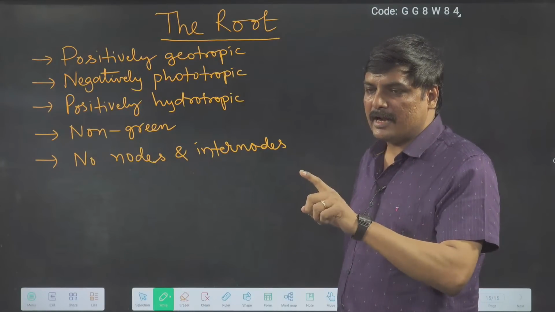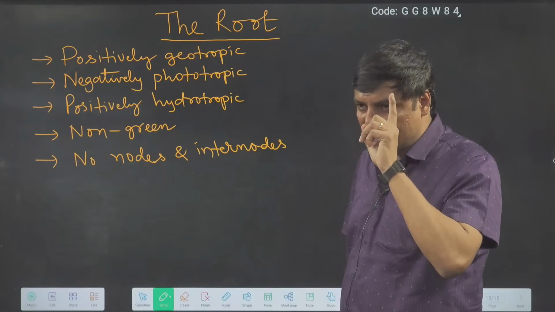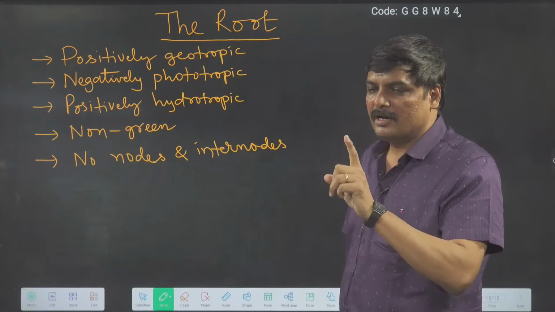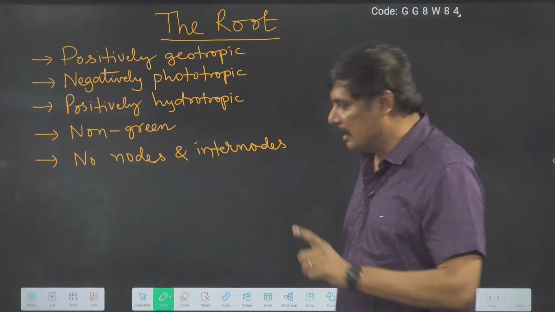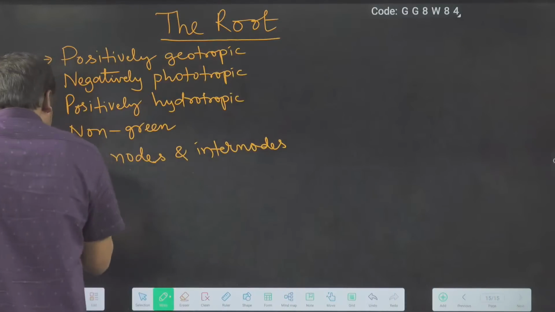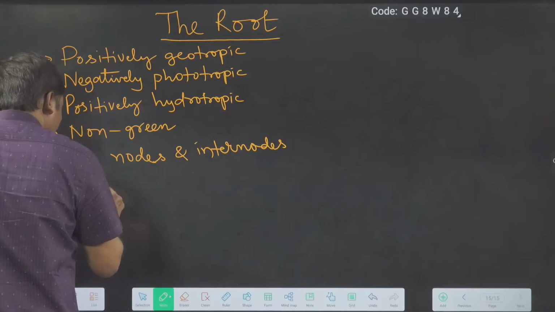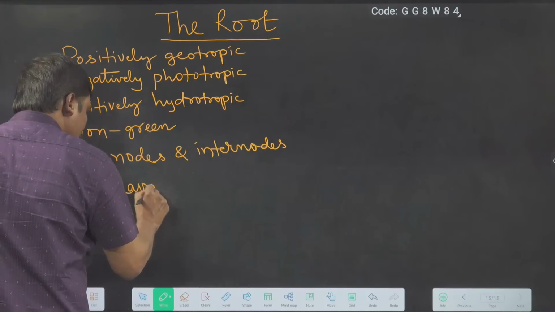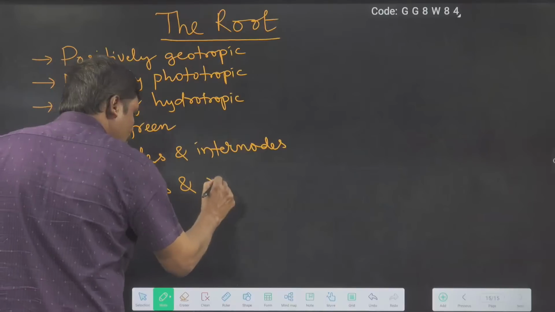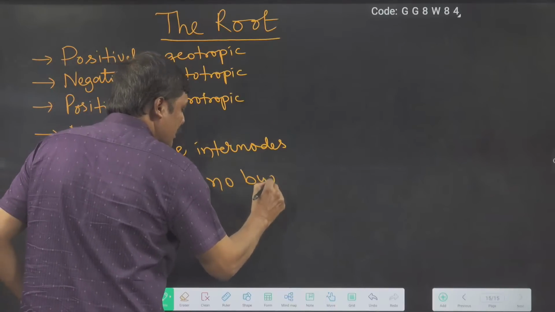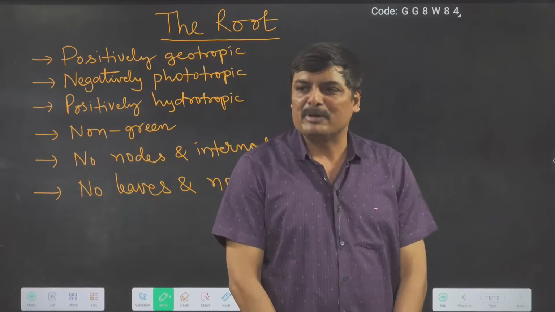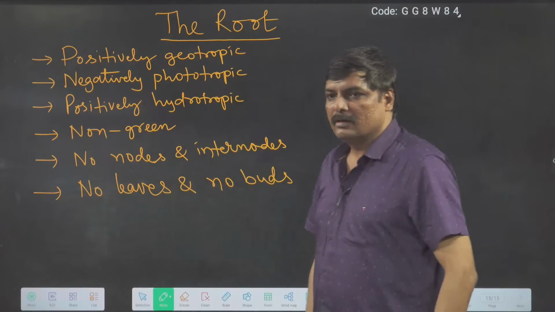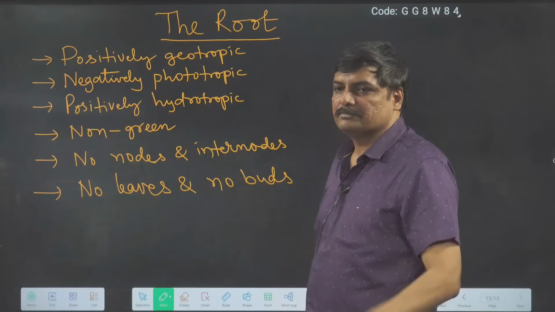Stem is characterized by the presence of nodes and internodes, and no nodes and internodes in the root, and no leaves also. No leaves and no buds also. Usually there may be some exceptional buds present, but normal buds are absent. Okay.